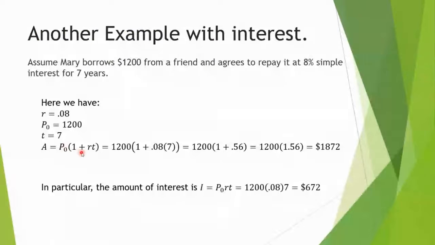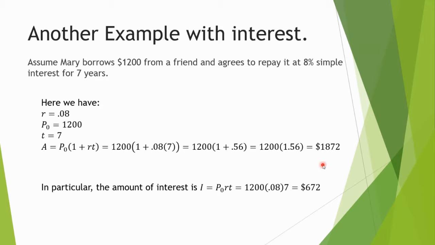We get 1,200 times 1 plus 0.08 times 7. So I'm plugging in, and then we just do the calculation, and that turns out to be this amount.